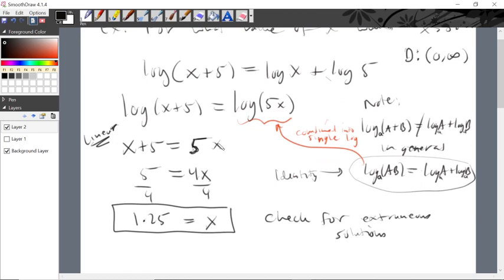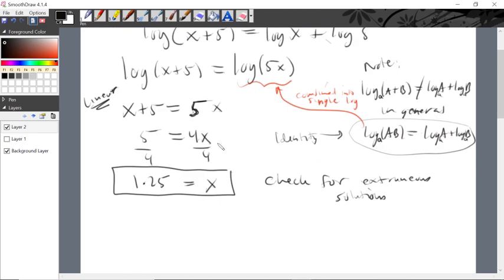So, could we have used a more general strategy to solve the equation? Absolutely, we could have. This is what it would look like. Log of x plus 5 is equal to the log of x plus the log of 5. In order to use the more general strategy, we want to isolate the logarithm. That's how we want to start.